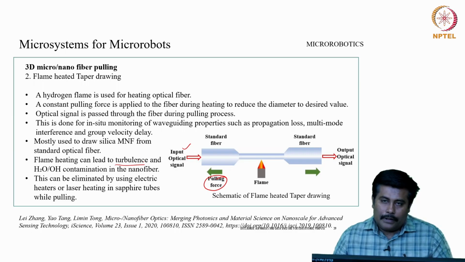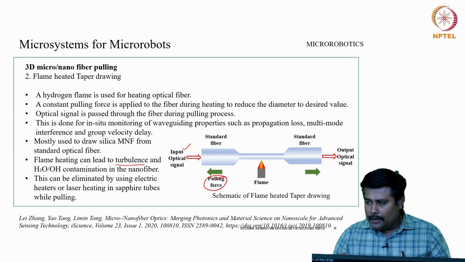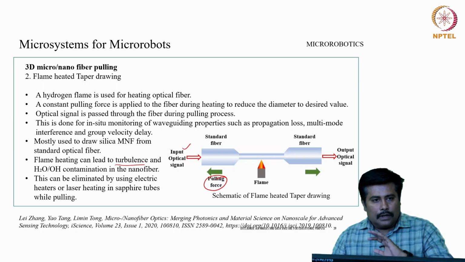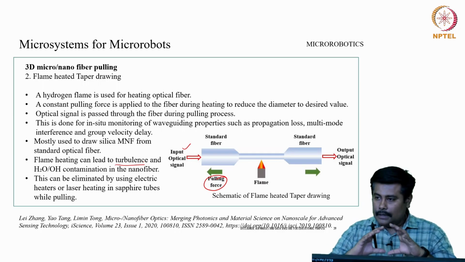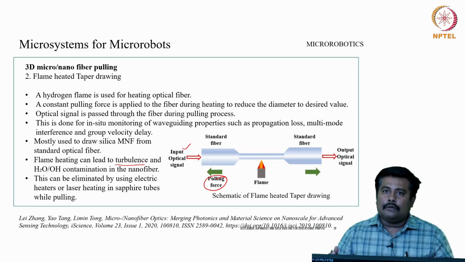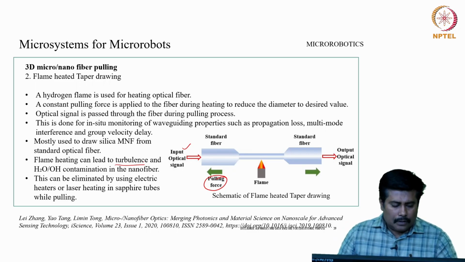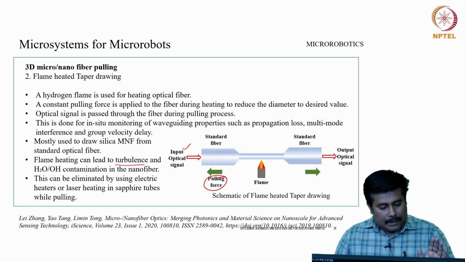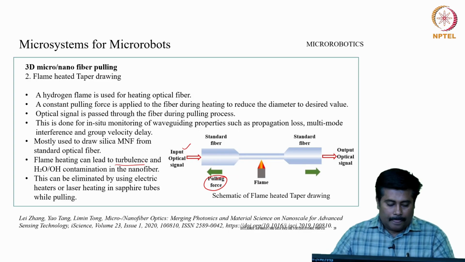To avoid that, it is wrapped with an insulating medium so that the contamination can be eliminated. The other way is to do it completely in a controlled environment so that contaminations can be controlled. Contamination can also be eliminated by using an electric heater or laser heating in a sapphire tube while pulling.